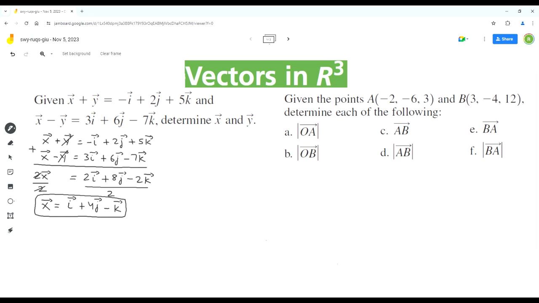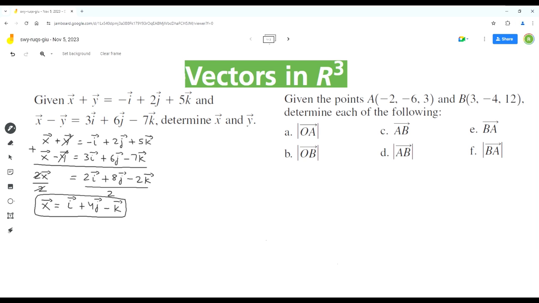Now we have to find vector y, and for that we can use this vector x that we just found and sub it in the first or the second equation and then solve for vector y. So for this problem we can use the first equation.